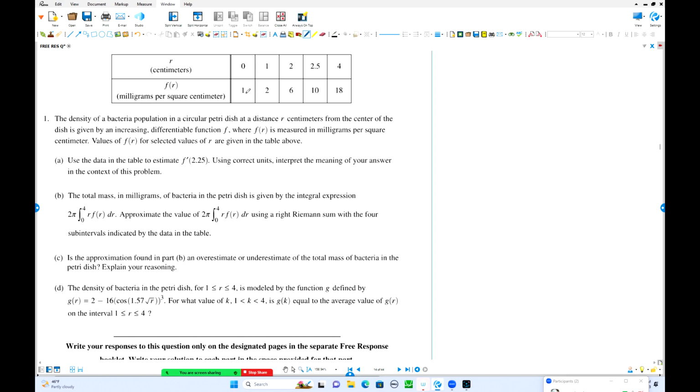In the middle it is 1, one centimeter away it is 2, two away it is 6 milligrams. So f(r) is measured in milligrams per square centimeter, for selected values of r given by the table.